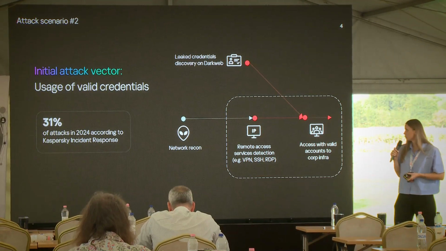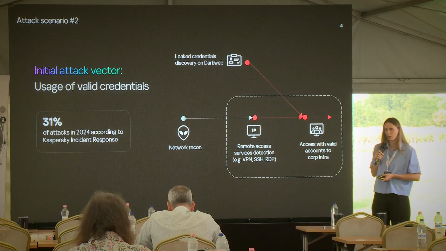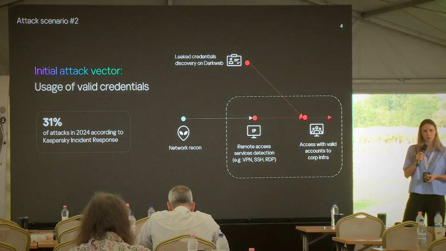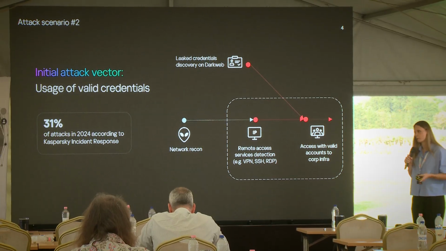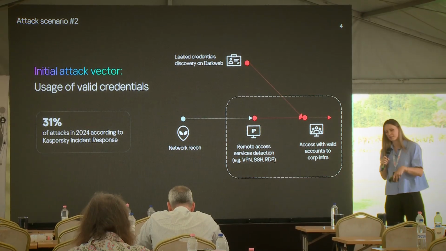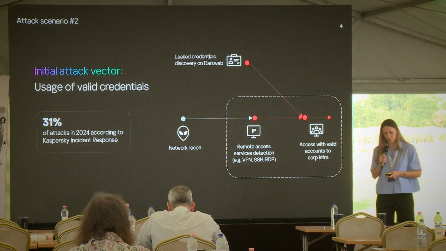Example number 2, the second place from the incident response report, was attacks with the usage of valid credentials. Again, we may take a look outside at where they found this type of credentials, and the dark web is also a source.